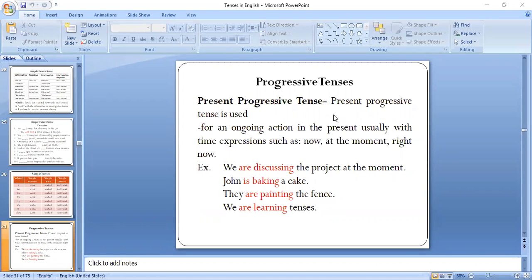John काय करत आहे तर केक बेक करत आहे. Okay, so is baking, is plus V-ing; am, is, are plus V-ing. This is the sentence structure, or the verb form we will use in the present progressive tense or continuous present tense.